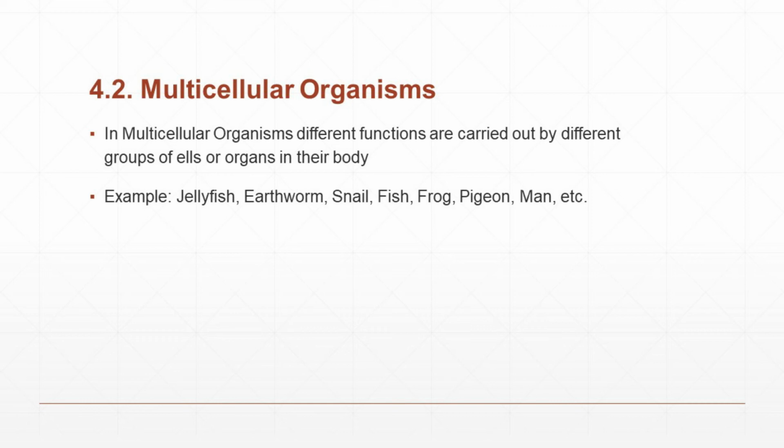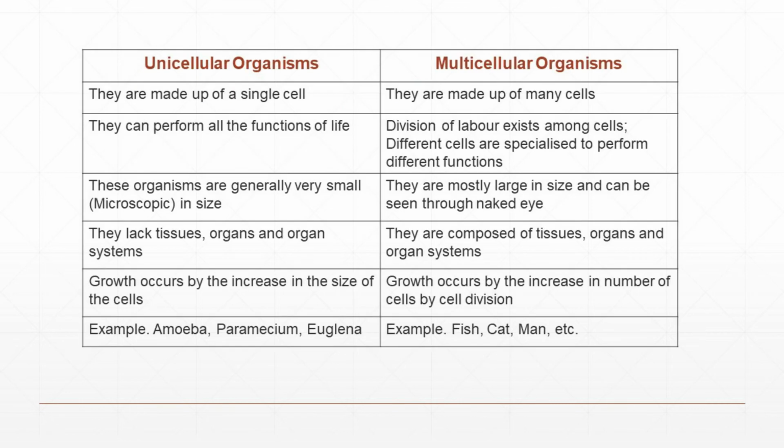Example, jellyfish, earthworm, snail, fish, frog, snake, pigeon, tiger, man, etc. All are coming under multicellular organisms. Now let us know some of the differences between unicellular and multicellular organisms.